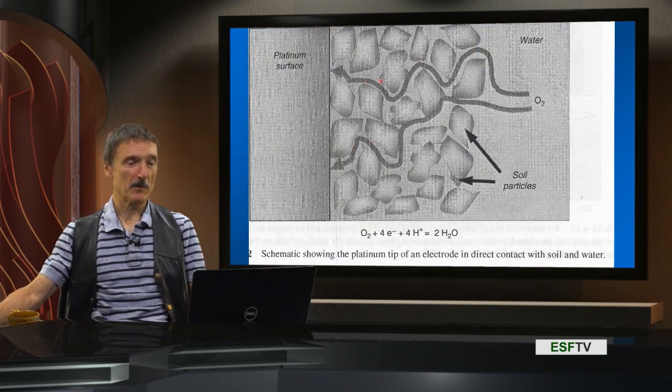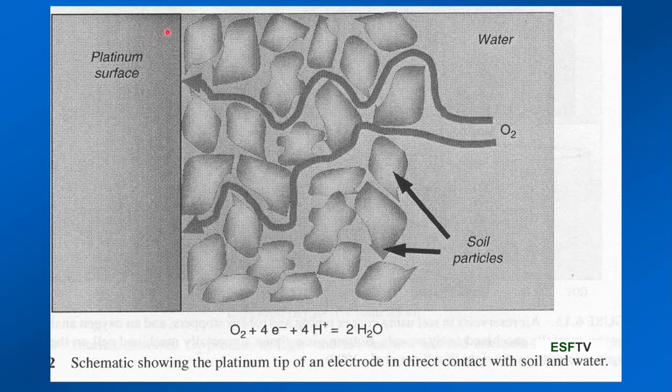Here's a picture of how that works, right? This is done by a platinum surface, so we have this platinum surface in the soil, okay? And by the change in voltage, we look at this reaction, oxygen is reduced to water, and we can measure the rate of O2 delivery to this surface by this change in voltage, okay? It's by an electrode.